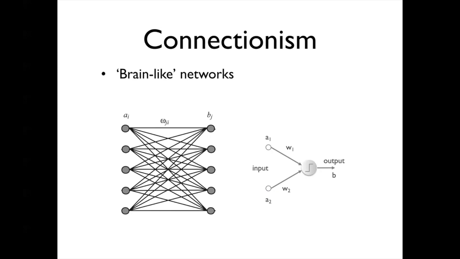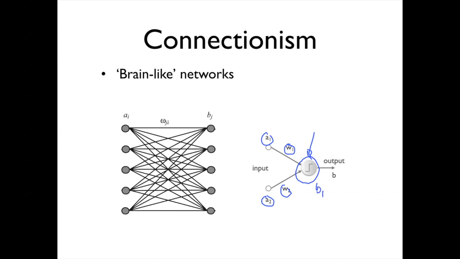So for example, we can write down this node here as being a function of its inputs, right? So we have input 1 and input 2, and each of those input nodes has a weight, W1 and W2, and ultimately the total input going into this particular node, we could call this B1.